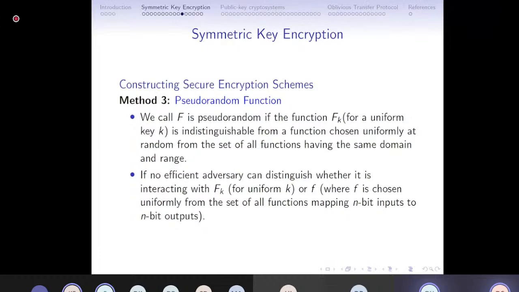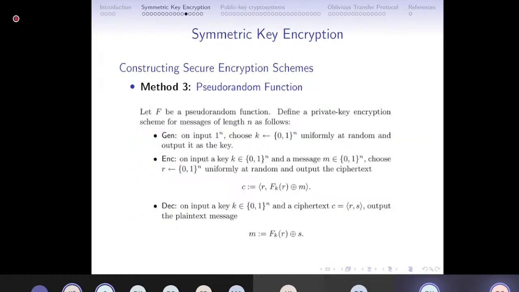Our aim is to construct a function such that no one, given the input and output of the function, can determine whether the output is generated from the capital F or from one of the functions from the set of functions. So this is the main aim.